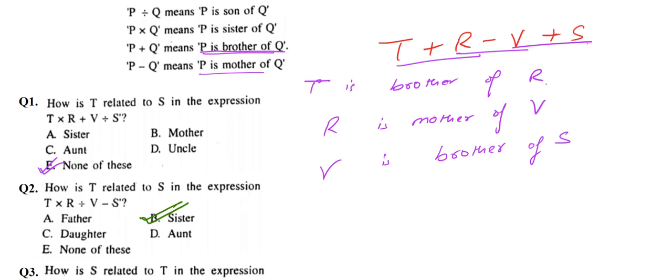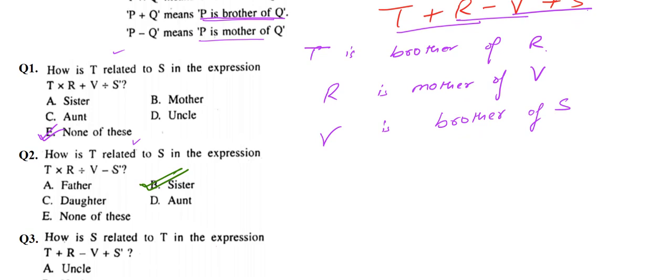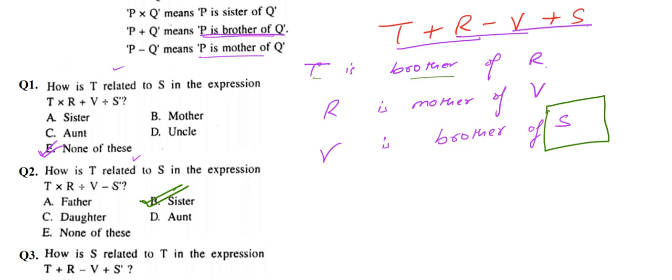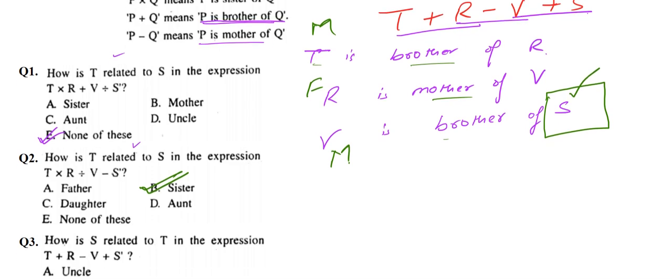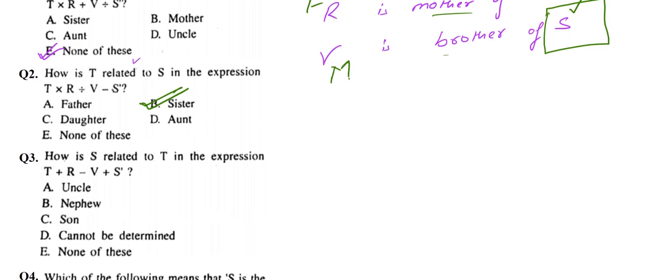So from this, we can solve it like the past two questions, but in those questions we needed T related to S, but here we need S related to T. And from this you can see we don't know anything about the gender of S. Here T is brother, so T is male, then R is mother, so R is female, then V is brother, so V is male, but we don't know the gender of S, and we need the relation of S related to T. For that we obviously need the gender of S, but the gender of S cannot be determined.